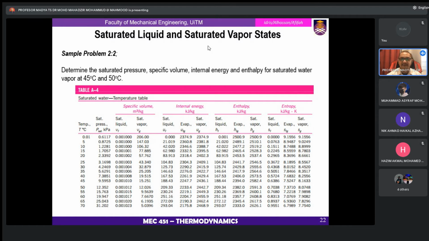Another one is for the saturated vapor state. How about saturated liquid for specific volume? What is the specific volume for saturated liquid at 45 Celsius?